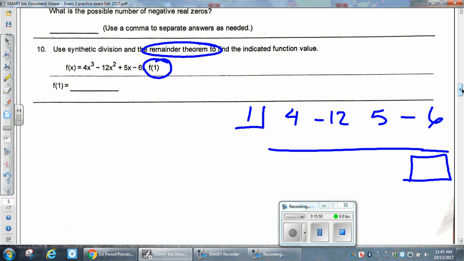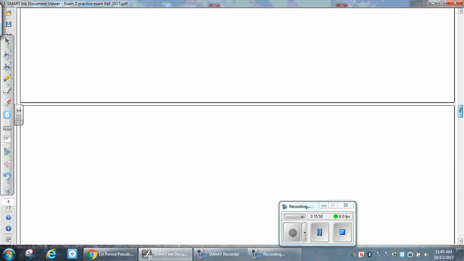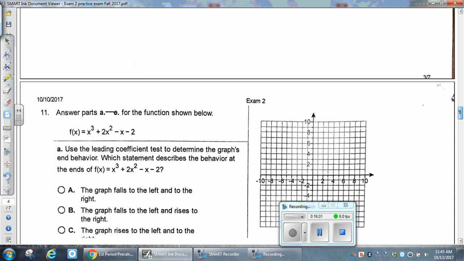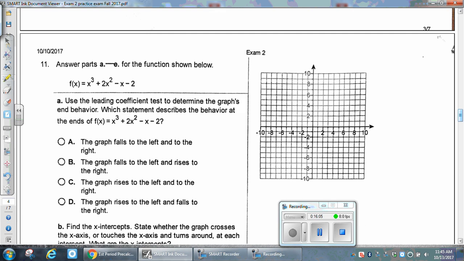And here you already have the equal sign, so you just enter a number. The denominator of the remainder would just be the x minus the number, not over the fraction.